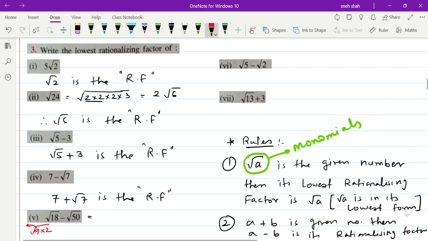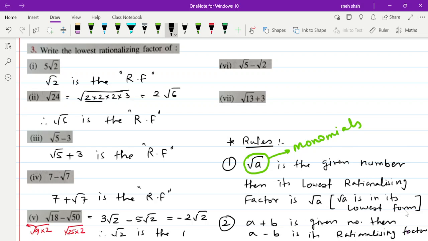So the reduced form for root 18 will be 3 root 2. Similarly, for 50, we can write this as 25 into 2. So the reduced form of the given number will be 3 root 2 minus 5 root 2, which is negative 2 root 2. Now this being similar to sub-question first, we can say that root 2 must be the rationalizing factor.